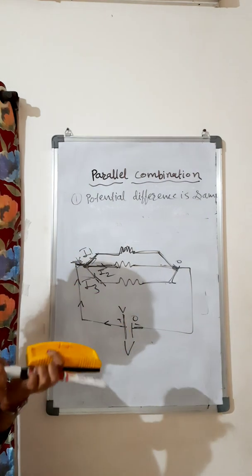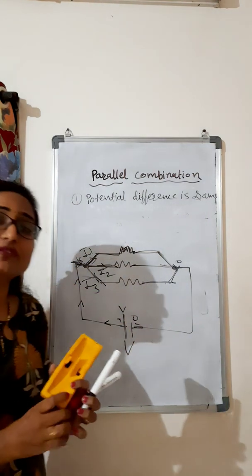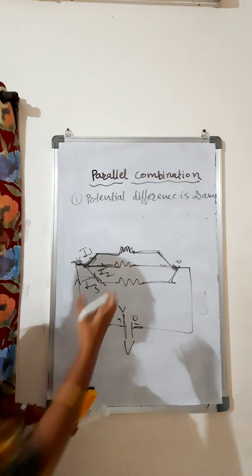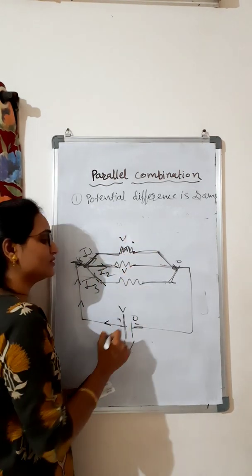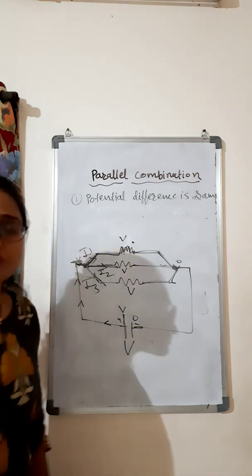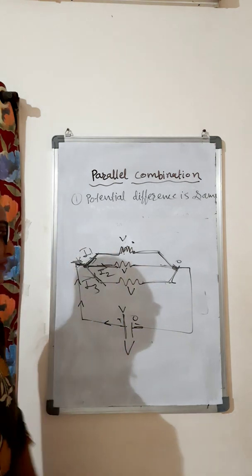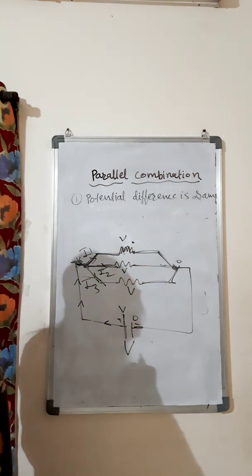Means in parallel combination, the potential difference across each resistance will always be the same. From this resistance also V potential difference, from this resistance also V potential difference will be going. Right?